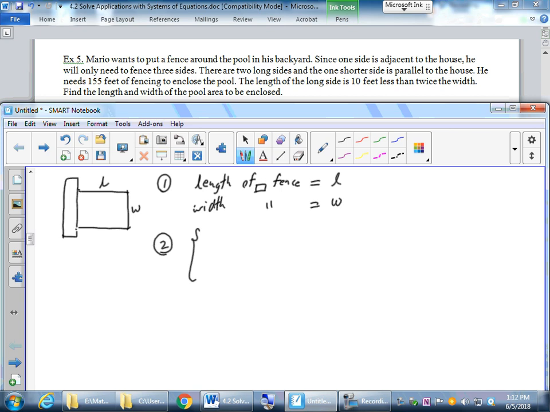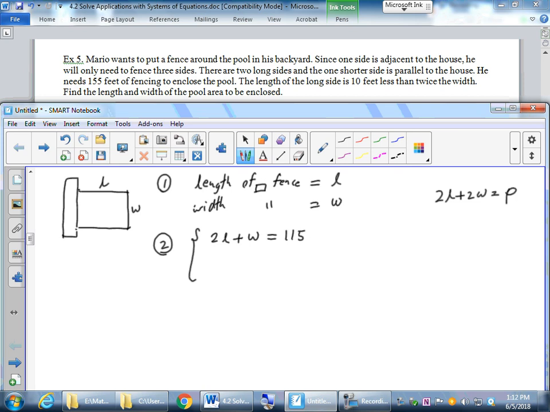So it said that the total fence that is required is what? 115 feet. Since we only have 3 sides, I cannot use the formula 2 times the length plus 2 times the width equal to perimeter, right? Because we don't have 4 sides, we only have 3 sides. So now I have to adjust my formula, which is, in this case, 2 length plus only 1 width. That will be equal to what? 115 feet.